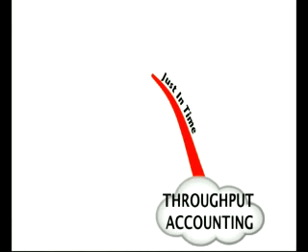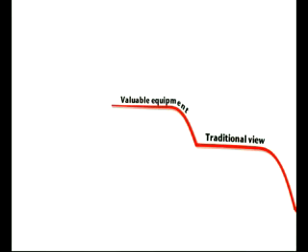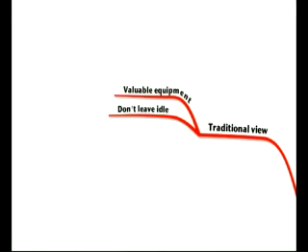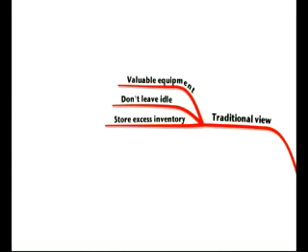So the first thing we need to realize about throughput accounting is that it's applicable to a just-in-time environment. But what is that? Well, the traditional view said that you had valuable equipment, i.e. machinery, and you shouldn't leave that valuable equipment idle. You shouldn't have idle time, so you should just keep producing, and if you make excess inventory, you should store it.